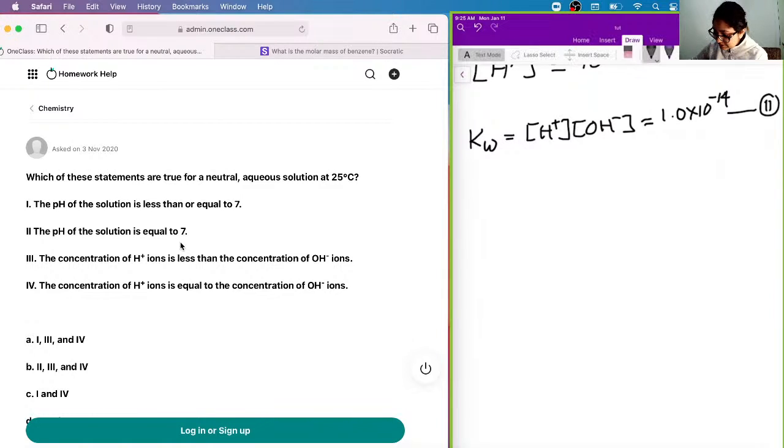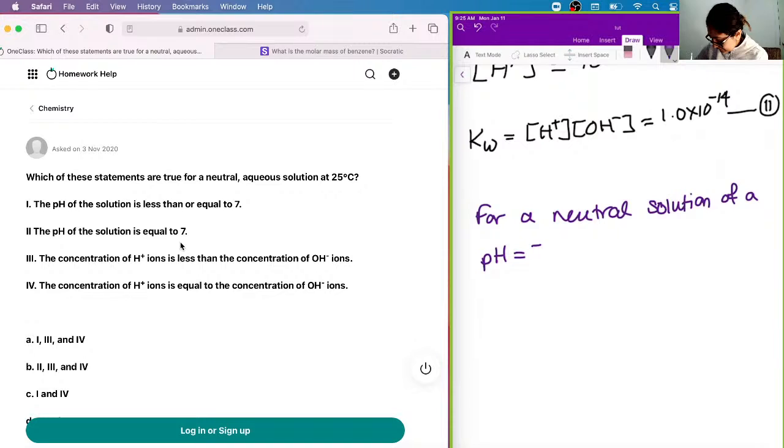So let me write this in. For a neutral solution of a pH equal to 7, the concentration of H plus is equal to your OH ions, right?